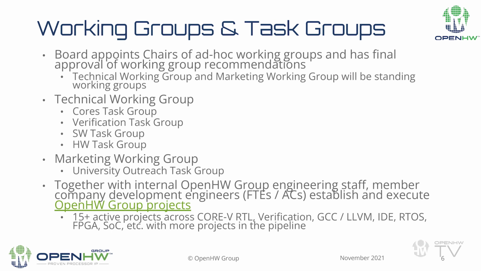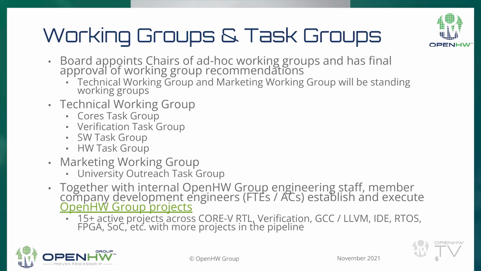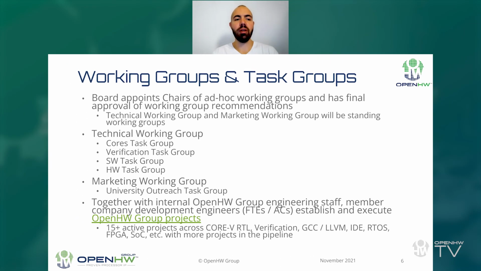The OpenHW Group is organized in working groups, and working groups are split in task groups. The working groups are the technical working group and the marketing working group. The technical working group has a chair and vice chair, and it defines all the technical activities that OpenHW works on.